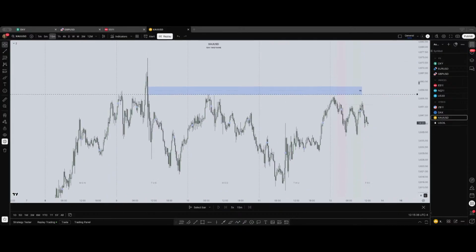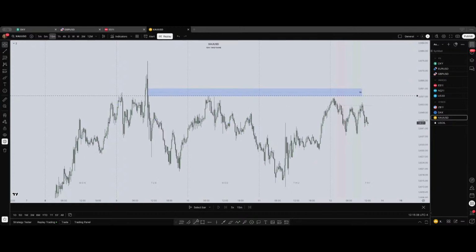As you can see here, price did this high and then dropped. It dropped, and obviously we had a market structure shift, also called a break of structure. It was very obvious. We have momentum to the downside, so I was expecting a retracement. Always when you have these drops, you're expecting a retracement.